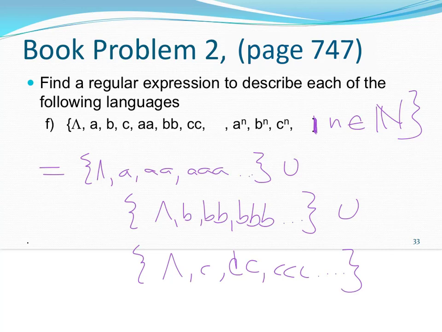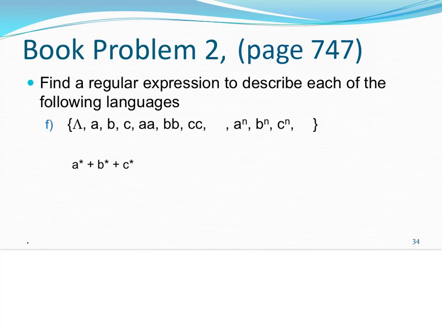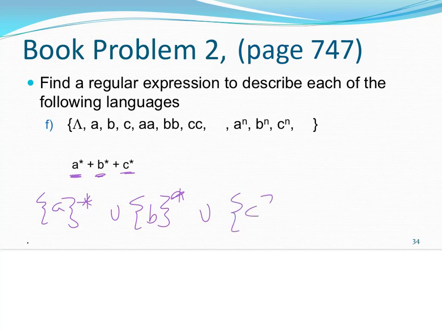Before you keep going, pause the video, convince yourself that I'm right here. And hopefully you convinced yourself that I was right, and maybe you even saw that this A star corresponds to the set A starred, union with the set B starred, union with the set C starred.